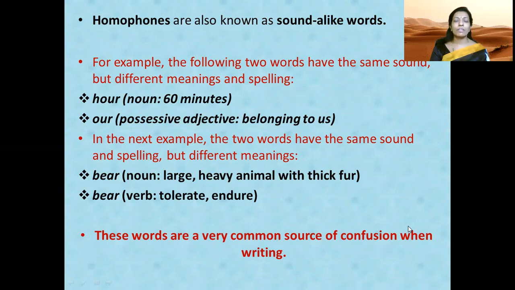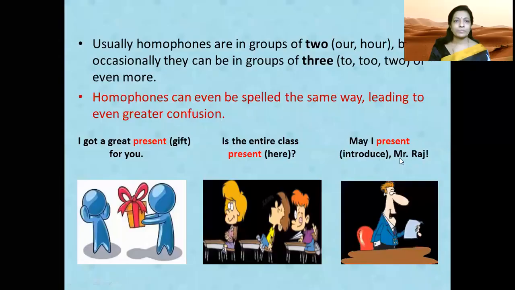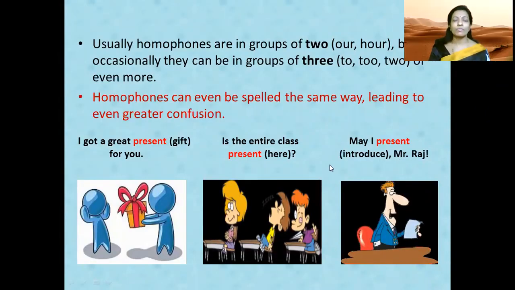Homophones are words which create a lot of confusion among English speakers. So, it is very necessary that we understand this concept and improve our vocabulary by learning a wide range of homophones. Usually, homophones are words which are found in groups of two, like we earlier saw, HOUR and OUR.